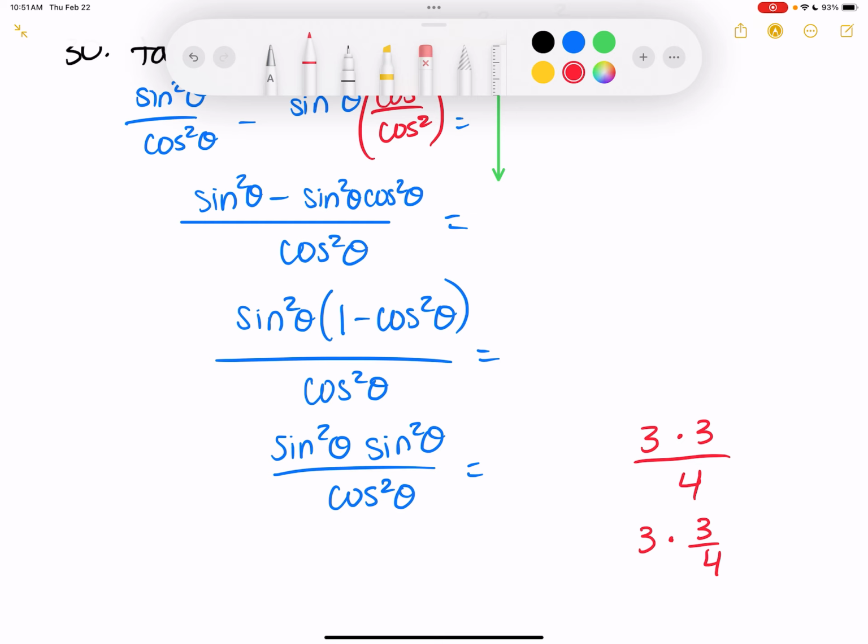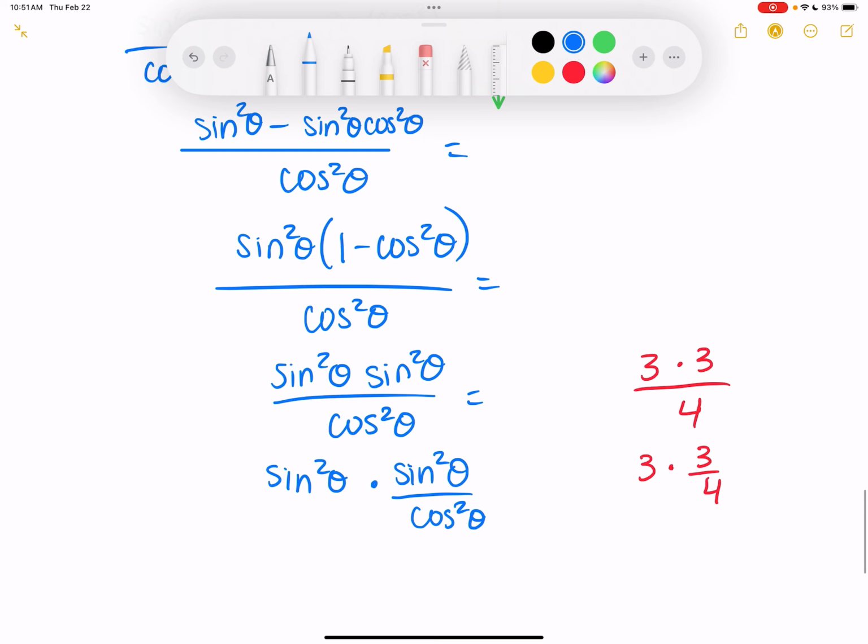So I could do a similar thing here and say sine squared theta times sine squared theta over cosine squared theta. And now what do I have? Sine squared theta times tangent squared theta. Yep, and that's our end result. It's just flipped. I think they had tangent squared first, but it doesn't matter. It's the same thing.